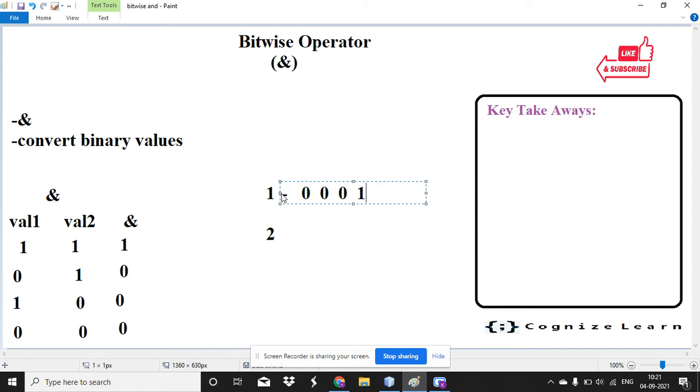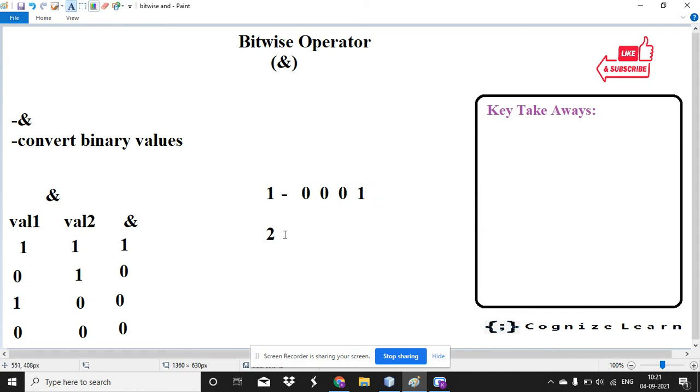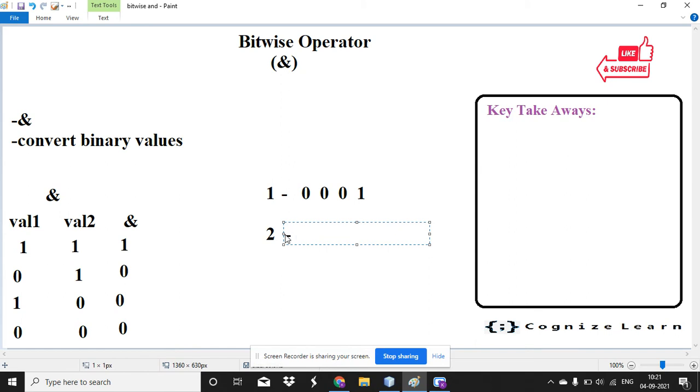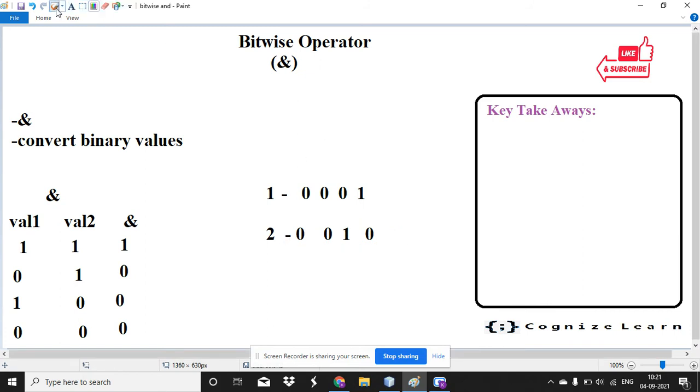It is 0001. And for the next one, 0010. So this is the binary value for 2.